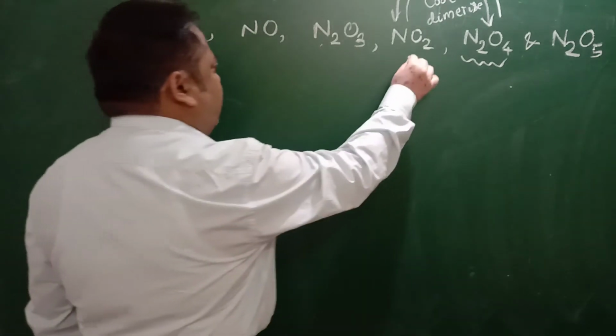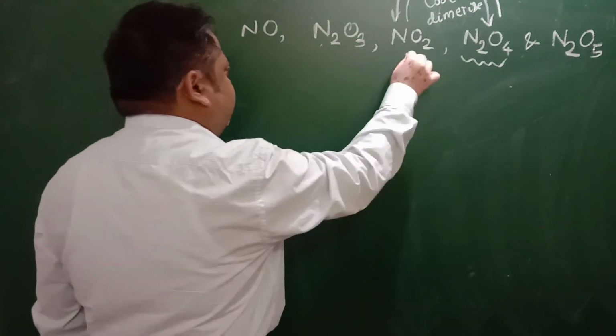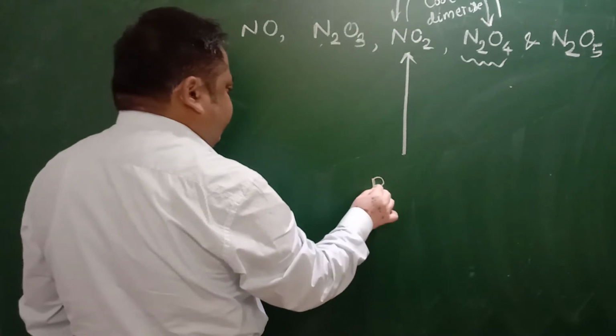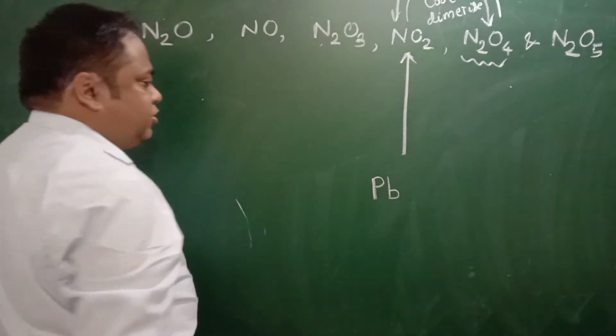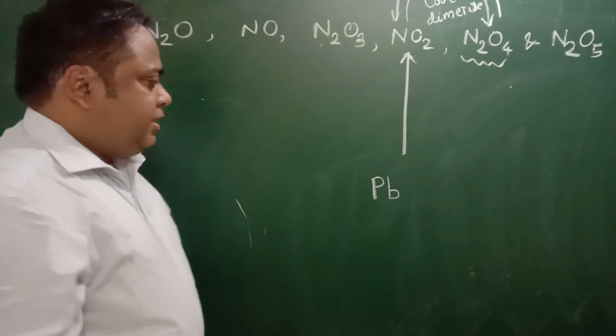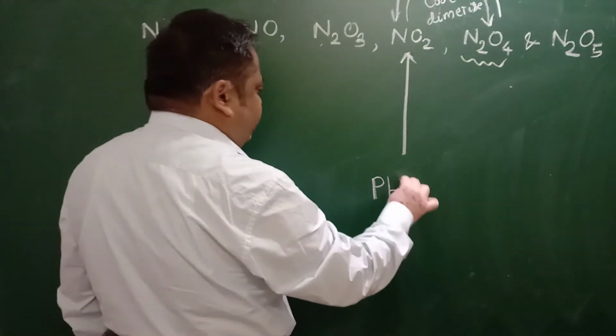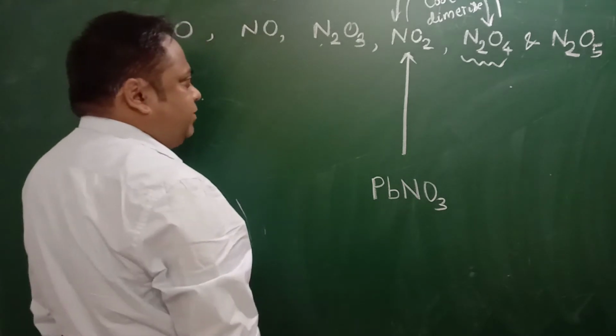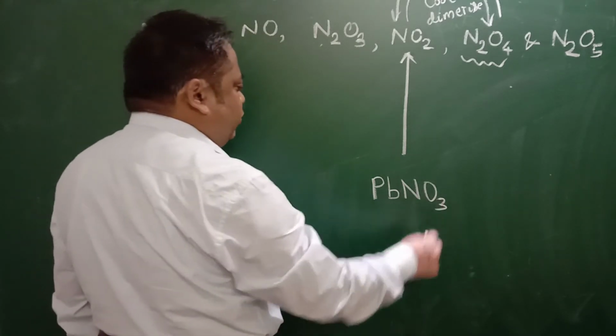Alright, now next is preparation of NO2. How to prepare NO2 then? We have done the dry heating test of lead nitrate. If you see the playlist of my practical chemistry, you will see that lead nitrate was heated. So when you heat lead nitrate, then lead oxide will come out and NO2 will be freed.